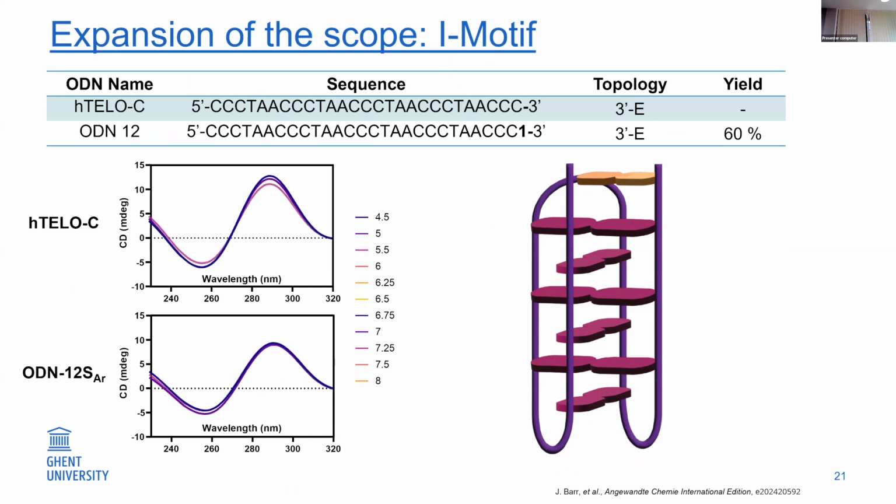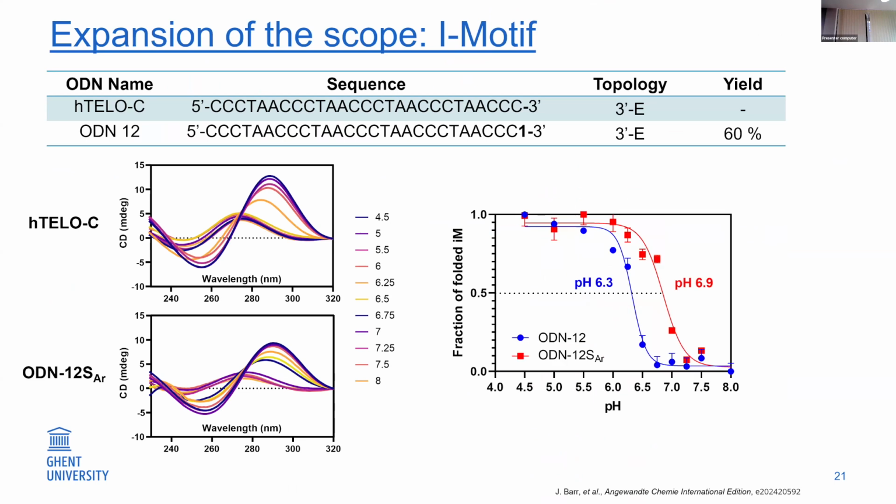And indeed, when we performed the pH titration, we discovered that there is some sort of stabilization of around 0.6 units of pH towards more basic conditions. And around, I think, 25% we calculated of aptamers still folded under physiological conditions, which is an improvement considering the fact that they are very elusive at physiological pH.